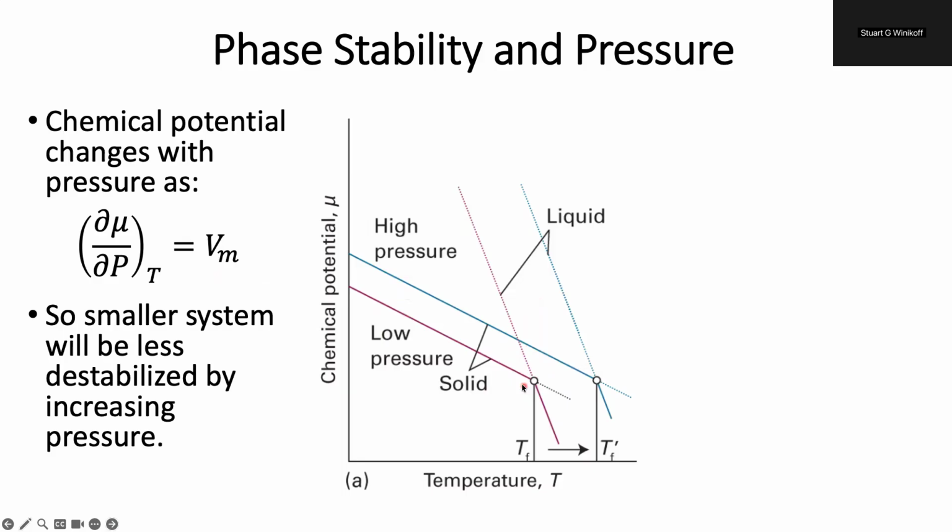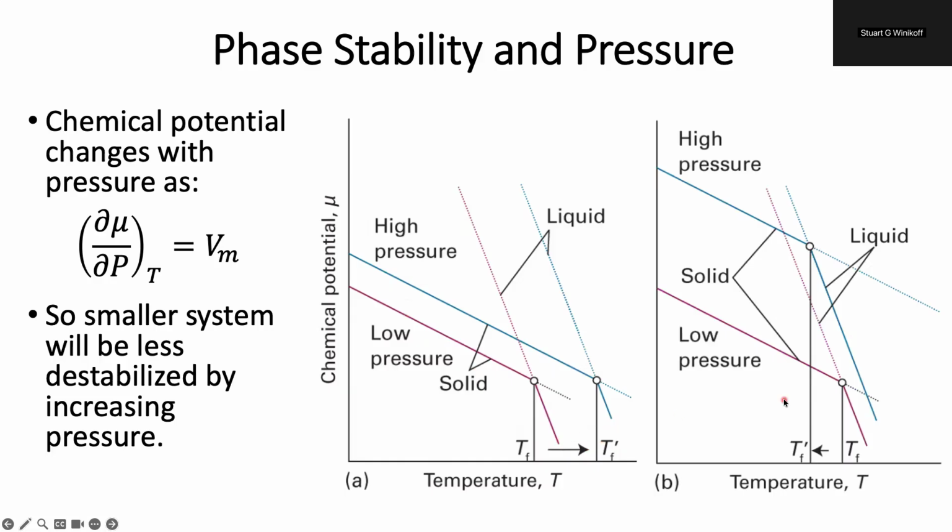Now, when I do this, what that means is that the fusion temperature or freezing point will essentially shift to the right because, again, we're going to end up stabilizing the more dense substance. So the solid becomes more stable for a longer region of temperature. However, we can also flip this. For water and a couple of other novel substances like gallium, it turns out that the solid is less dense than the liquid.